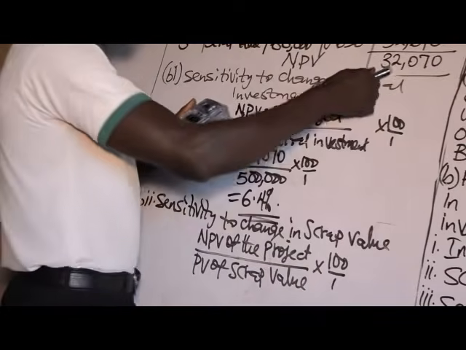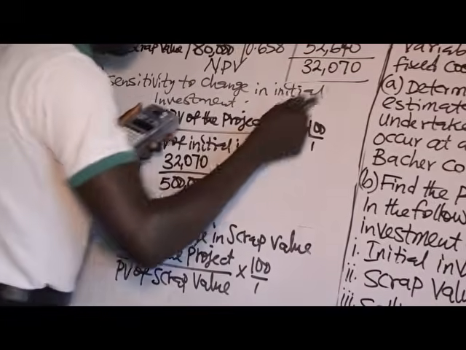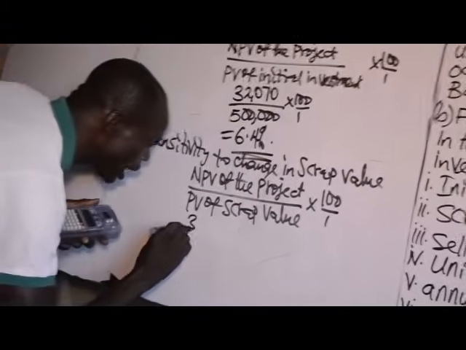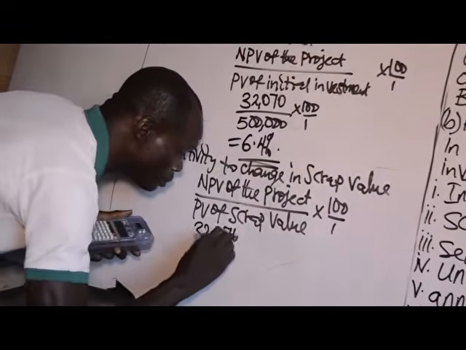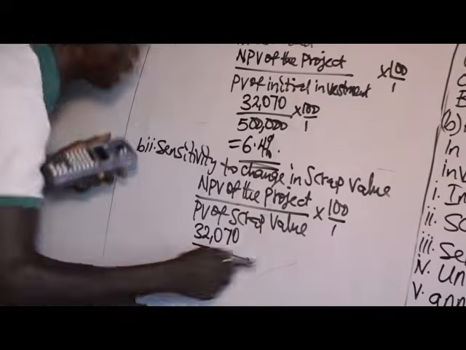NPV of the project as calculated is 32,070 over PV of the scrap value.